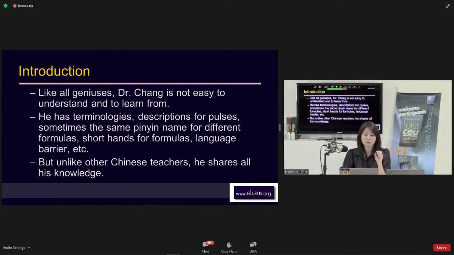Remember the framework and the big picture. Don't get too confused. And sometimes he has the same pinyin name for different formulas that he invents, with different ingredients for the same name. It's very confusing, but once you practice long enough, you won't be so much of a stickler about exactly what it is.